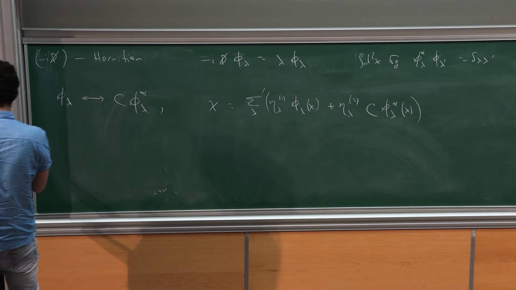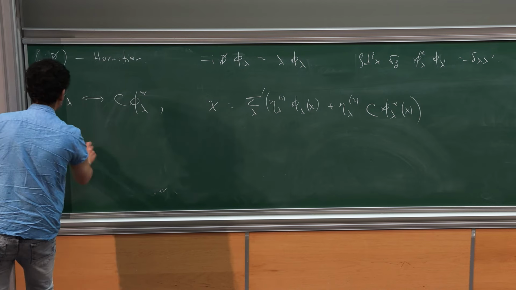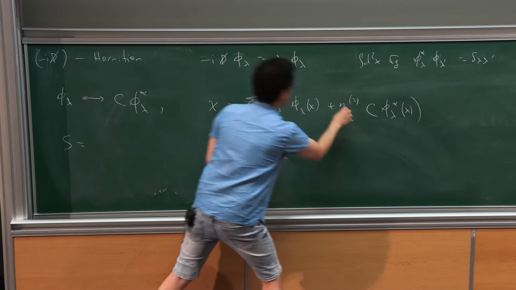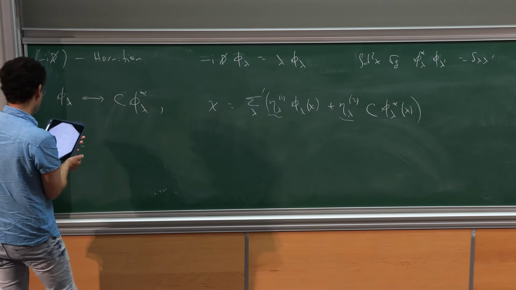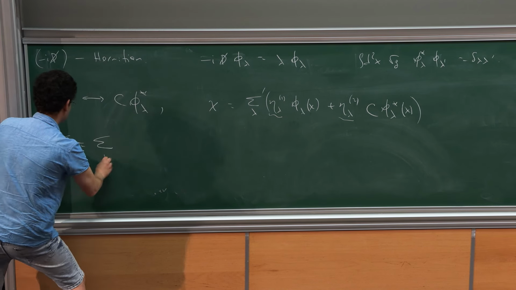After this, the action in terms of the Grassmann variables eta 1 and eta 2 takes the following decoupled form.